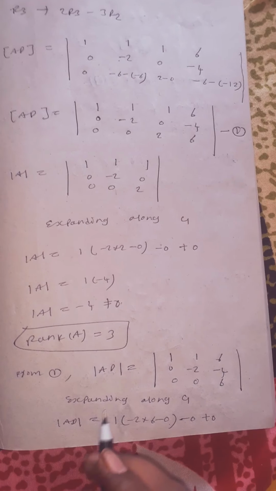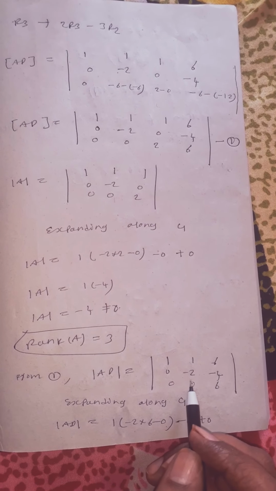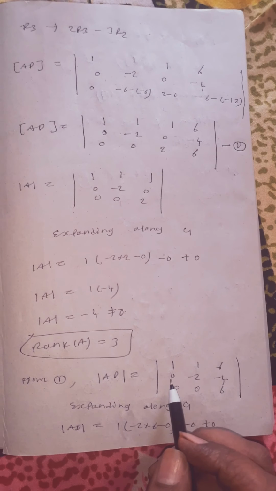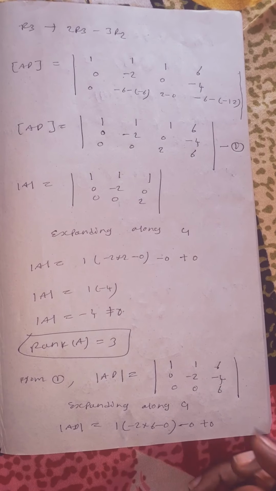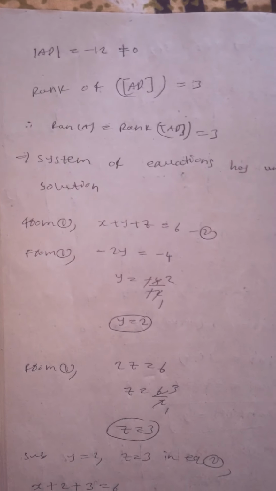Expanding along C1, 1 into 2 into 2 into 6. 1 into 2 minus 2 into 6, minus of 0 into 4 is 0. So minus 0 into something is 0, plus 0 into something is 0. 2 into minus 2 into minus 2 into 6, how much? Minus 12. So minus 12 is not equal to 0.